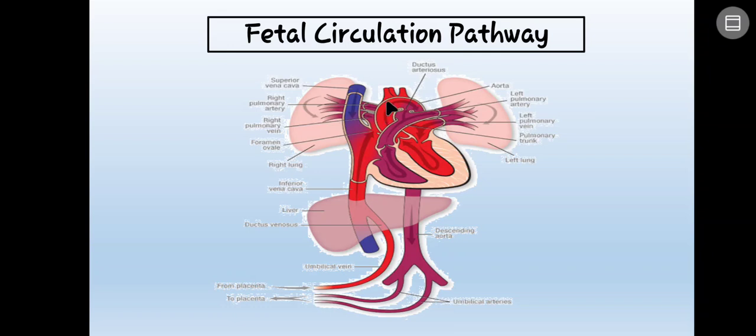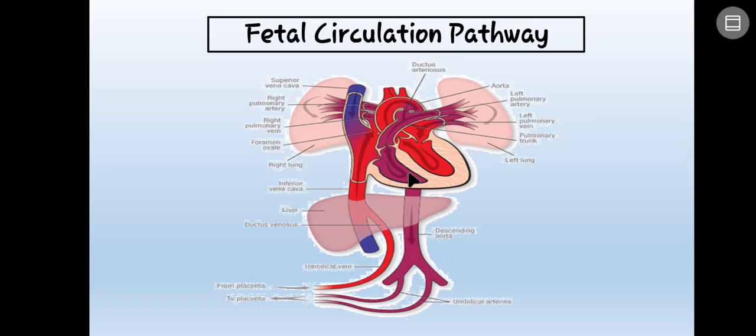So at the end of the day, the blood that entered the right ventricle, moved into the pulmonary artery and joined the aorta directly with the help of the ductus arteriosus, and the blood that went through the foramen ovale from the right atrium directly to the left atrium, come through the left ventricle, and then are pumped into the aorta. That is what happens. Now, what you have to pay attention to is that the oxygenated blood is now in the aorta.